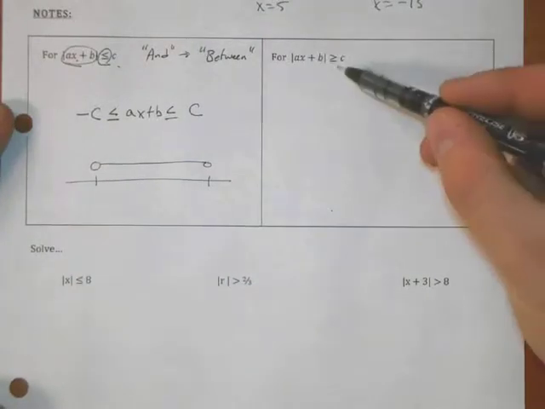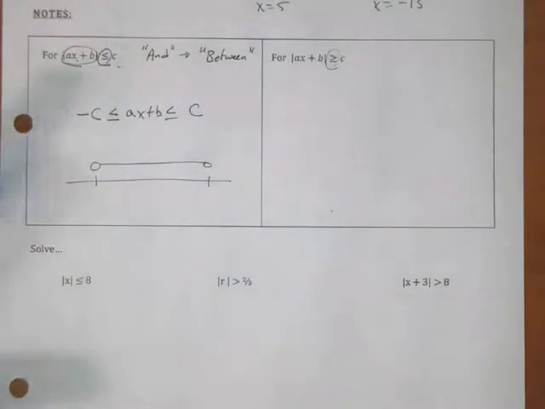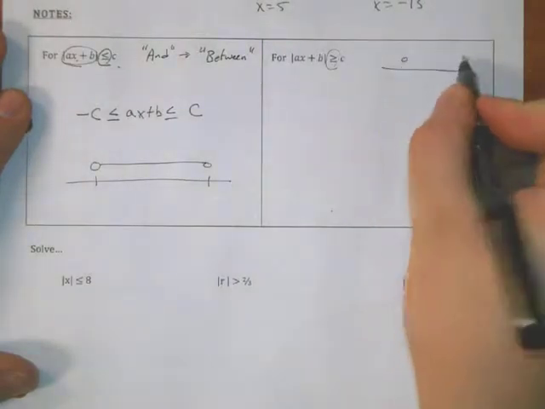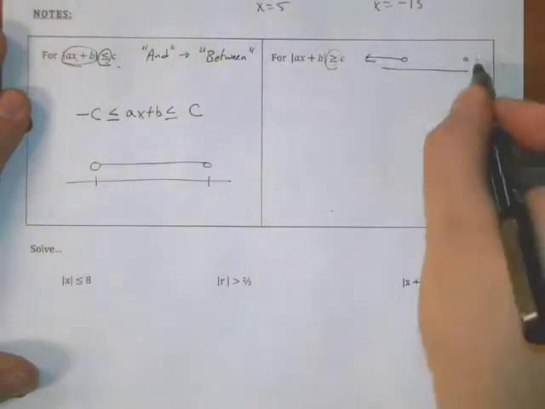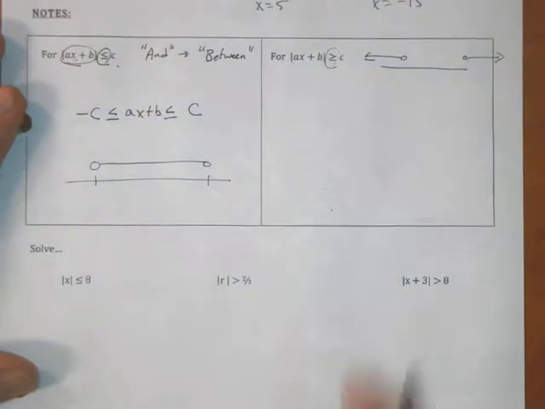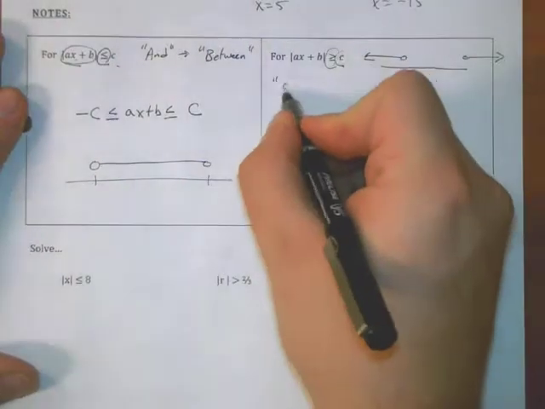Versus if it's bigger than or equal to, now we've got this situation. Now we're going to have numbers that are farther away from 0 than whatever this value is, which we said those are OR inequalities.